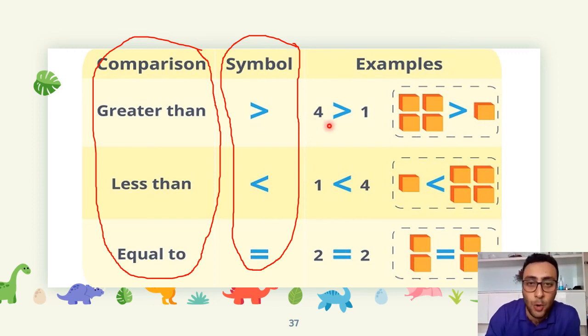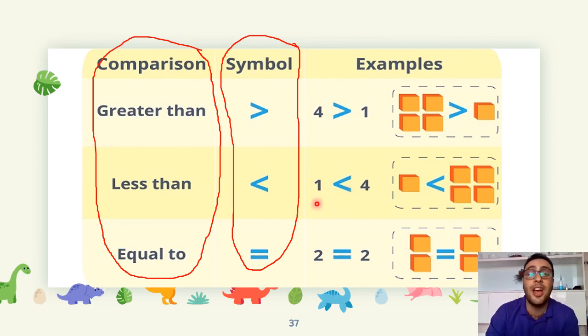So, for example, look at here. We have 4, what do we say? 4 is greater than 1. Very good. Let's look at here. 1, 2, 3, 4. 4 is greater than 1. Very good. Now, next one. It's less than, right?